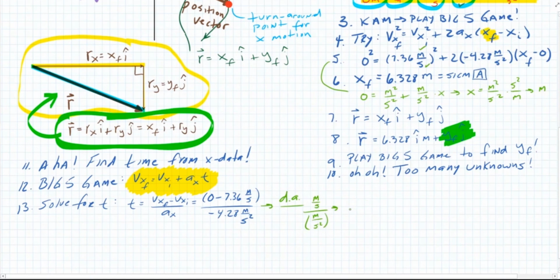Seconds, thank you. That does simplify to seconds. I'm feeling good because I'm getting seconds, and I want seconds because I'm trying to solve for time. So now let's get a number. I'm sorry, that negative 4.28 is the i hat or j hat component in your given acceleration.